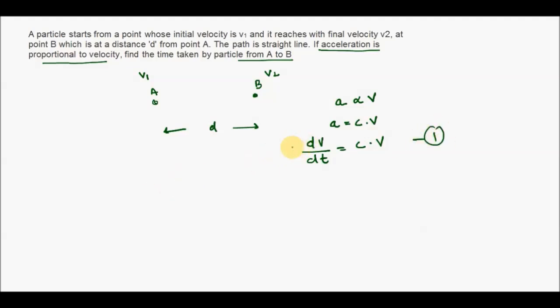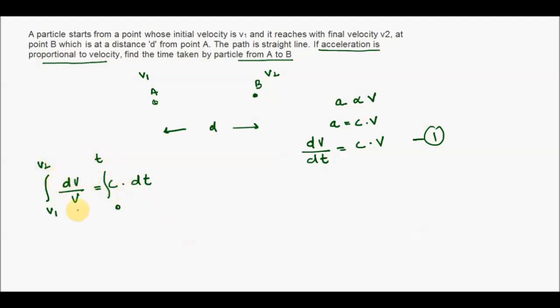Now I'll rearrange the equation and I can get simply this equation if I rearrange it, right? Now I'll integrate the left hand side from v1 to v2, and I'll integrate the right hand side from 0 to t, and let's see what we get.